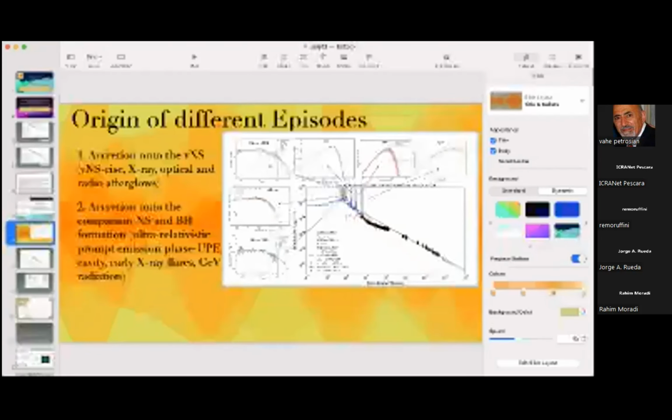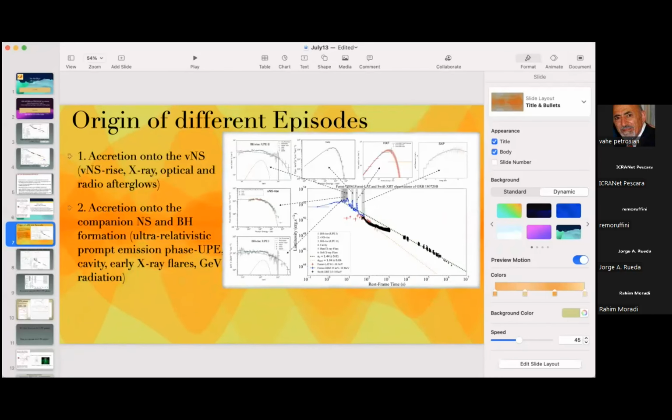Okay. Are you there? Yeah. We have what we call the 7 seals. On a typical BDHN1, you have 7 seals, 7 phenomena. UPA1, UPA2, the new neutron star rise. I cannot go into details.